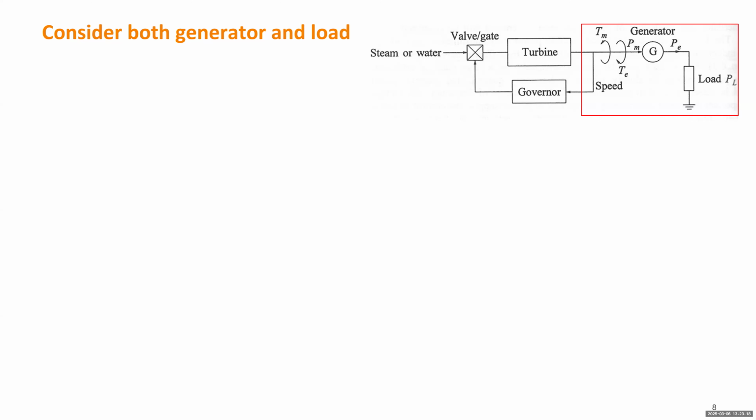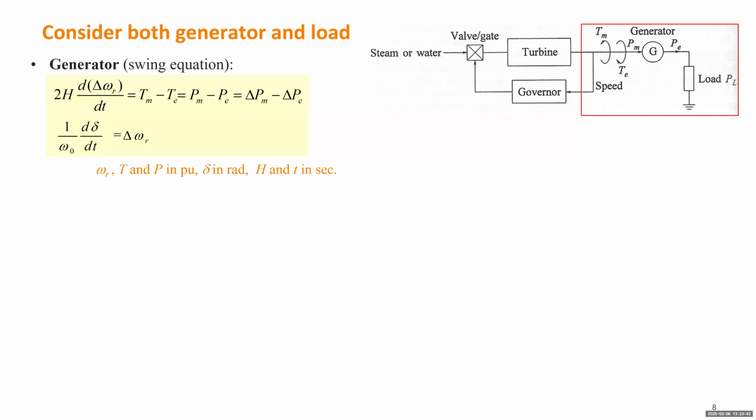We never talked about how to model the generator and load together. Why do we want to do the frequency control? Because there's a change in the load. So this entire system is to do the load frequency control. We need to consider both the generator frequency and the load. That's why we need to bring them together. This is our swing equation.